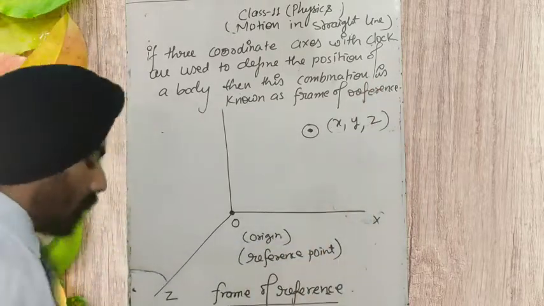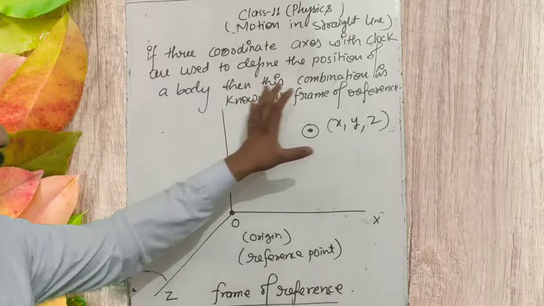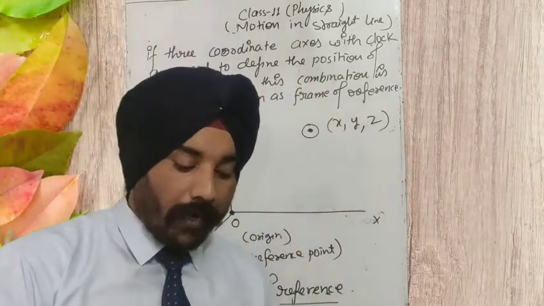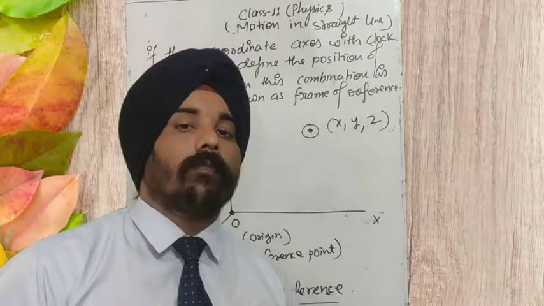Okay, so along with these three coordinate axes and a clock, we can define the motion of a body.